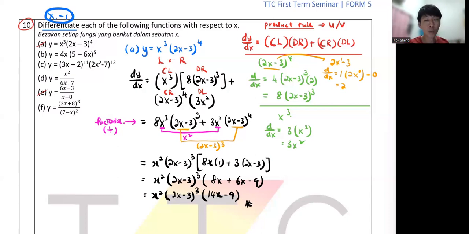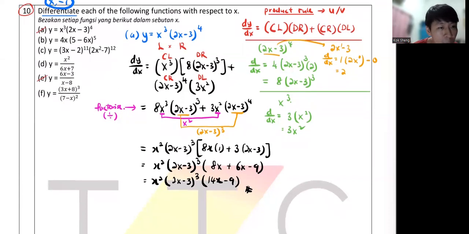The product rule: copy left, right. You can replace it with the U and V. Since some of you don't like the formula with UV, you can replace it with copy left, right. One more to go, E.